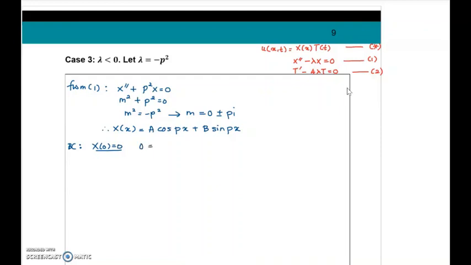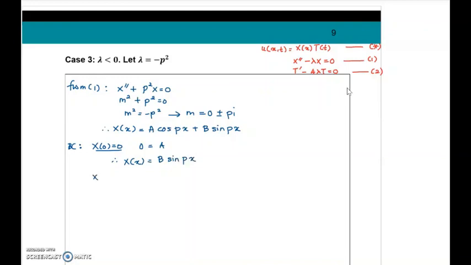At the right hand side, we have a cos 0, which is 1, so a, plus b sin 0, which is 0. So we have 0 equals a. Then we update our solution for X. We have b sin px only, so b needs to be determined.